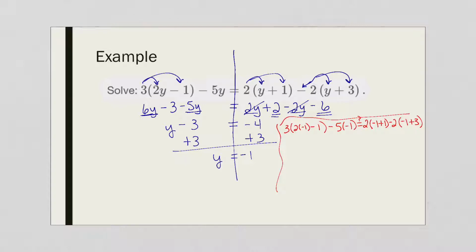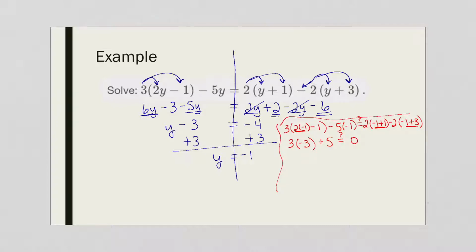All right, so now I'm going to simplify. This right here, that's negative 2, so I've got 3 times negative 2 minus 1 is negative 3, and negative 5 times negative 1 is positive 5, so I'm going to put a plus 5 there. Does that equal, in here, negative 1 plus 1 is 0. 0 times 2 is 0.